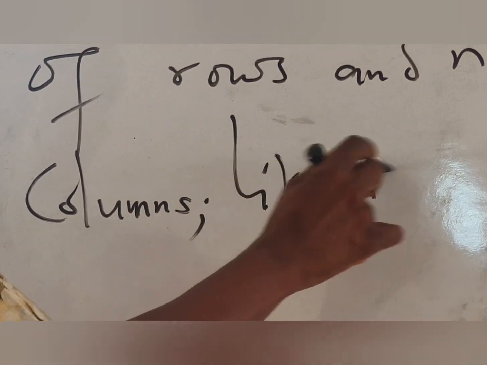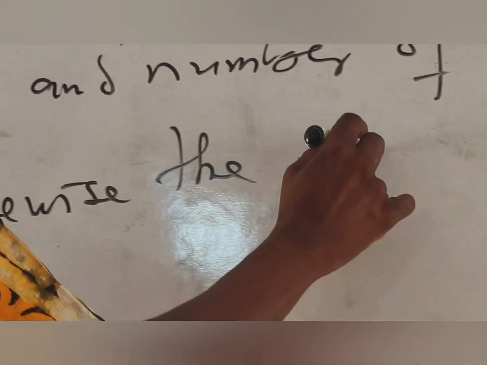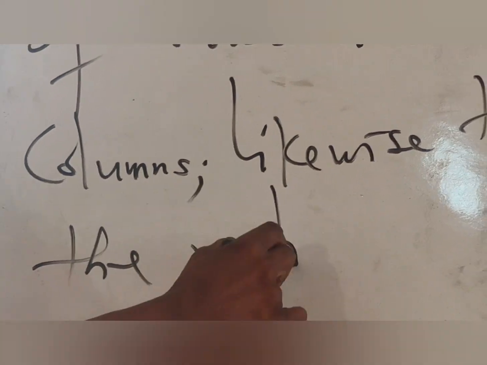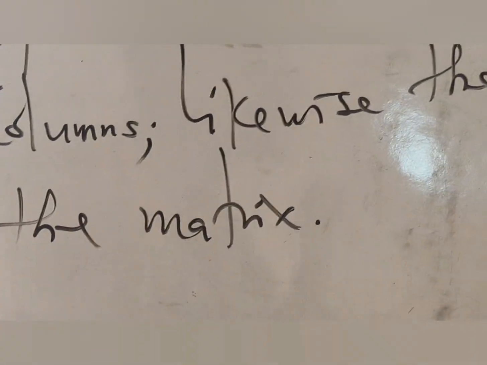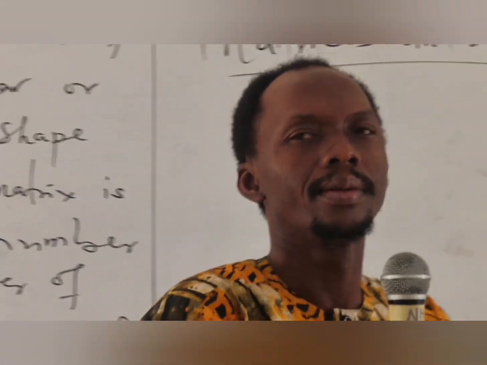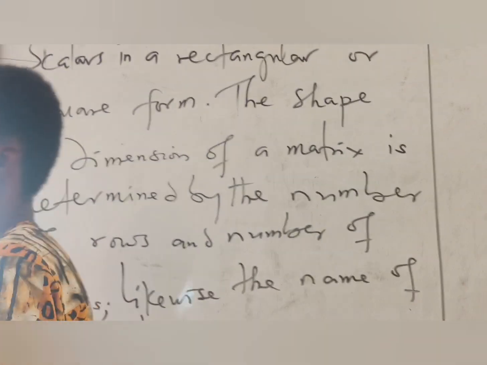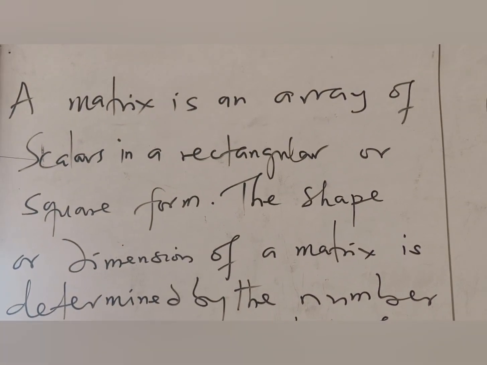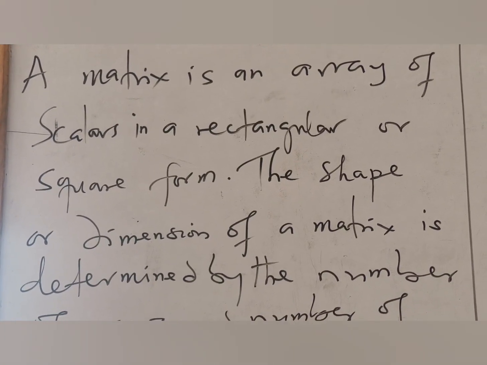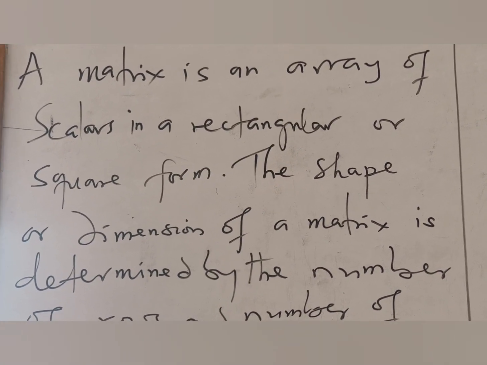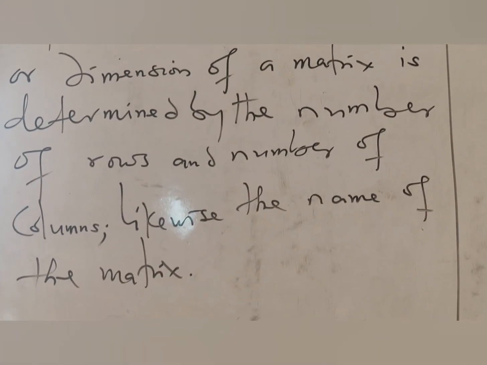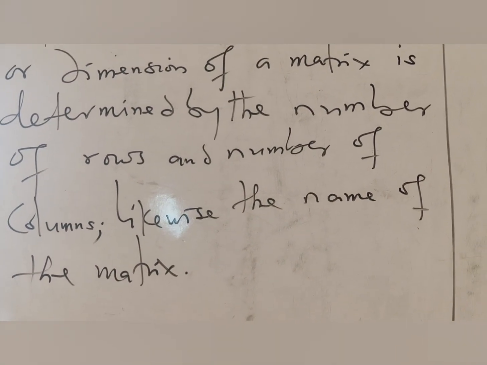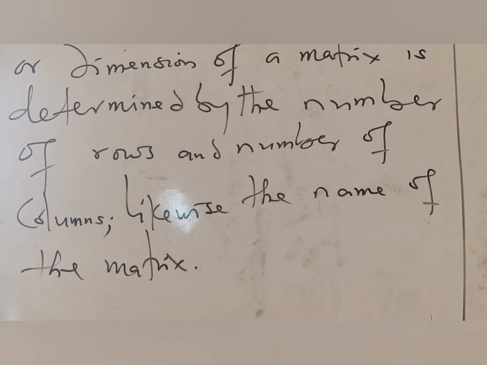Likewise, the name of the matrix: when we multiply the number of rows by the number of columns, then we use that to call that particular matrix.